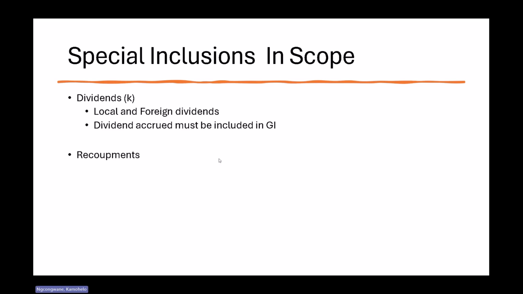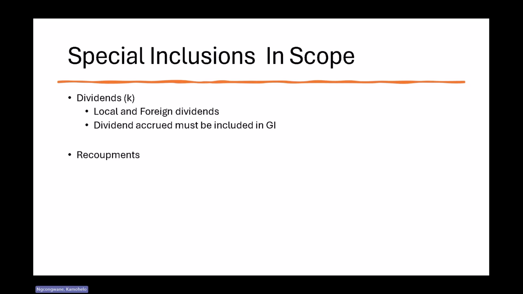Okay, so we've gone through that principle: you've got your gross income, you've got your specific inclusions, and we've gone through exemptions. Last week we went through general deductions. Next week we'll touch on specific deductions as part of the series on special inclusions and specific deductions, items that are dealt with specifically in the Income Tax Act that don't form part of your gross income definition or would be excluded from your gross income definition because they have a capital nature.